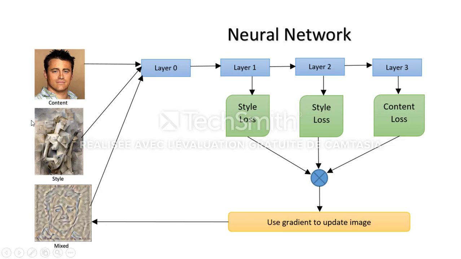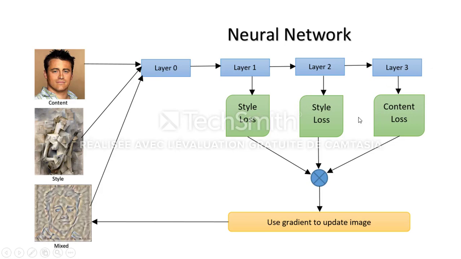Okay, so if we sum up, we have the style image and a content image. We feed this to our pre-trained model. Okay, from the first layer we are going to get the style loss. From the second layer we are going to get the style loss also. This is a choice. We can get the style loss from the first layer only. Okay, so they experimented with many layers and then they got the best results that you are going to use in your project.